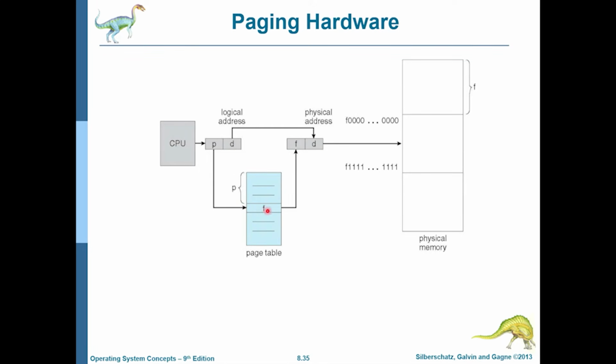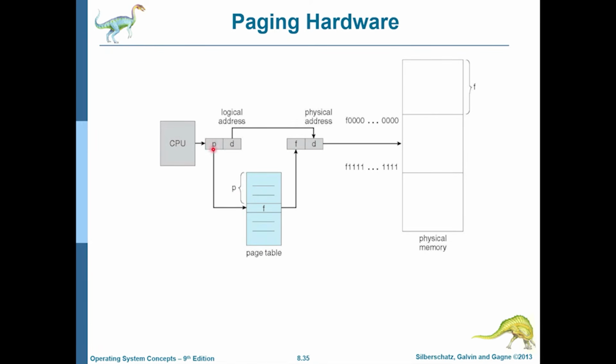Once we have found the P-th page table entry, we figure out the frame number, as in which frame of physical memory this page is mapped to. As we know, we have pages in the logical address space and frames in the physical address space, and it is the job of the page table to map a page to a frame.